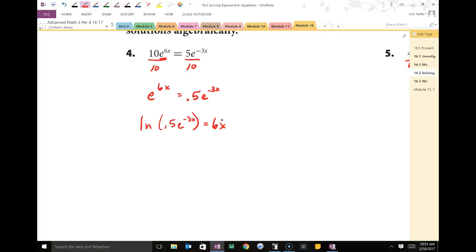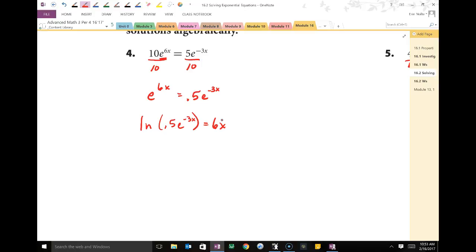Alright, so this is what we're gonna do. We're gonna use those fancy properties we just talked about. Okay, and what I'm going to do is I'm going to expand. Right now this is in a condensed form. So do you see how I have a 0.5 that is being multiplied by an e that has an exponent? So when I expand this, I'm going to expand it into two separate logs.